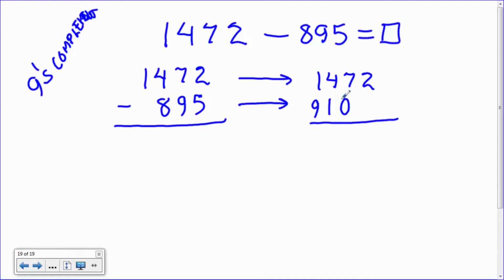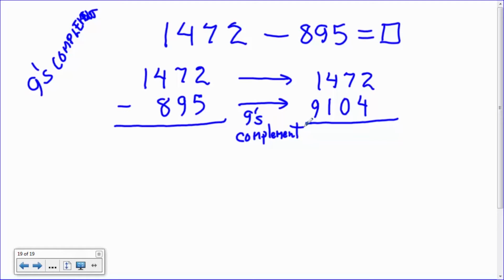And then finally, the complement of 9 with 5. 9 take away 5 is 4. So I have taken the 895 and I've written down the 9's complement. So the 9's complement of 895 with respect to the minuend, which has 4 digits, is 9104.